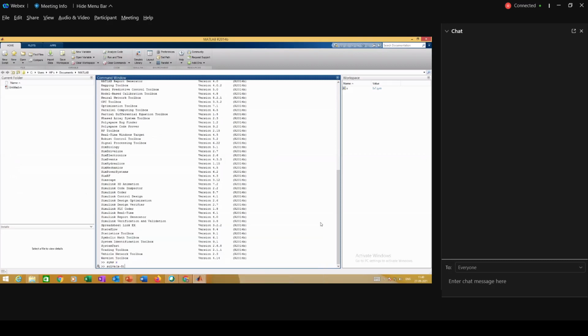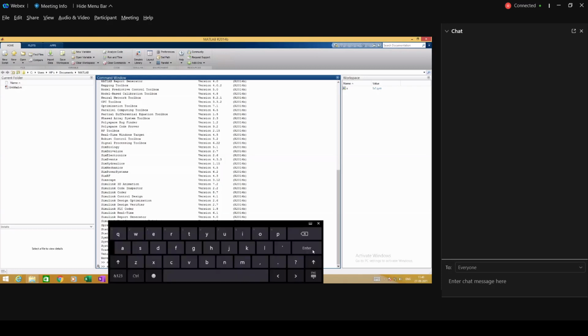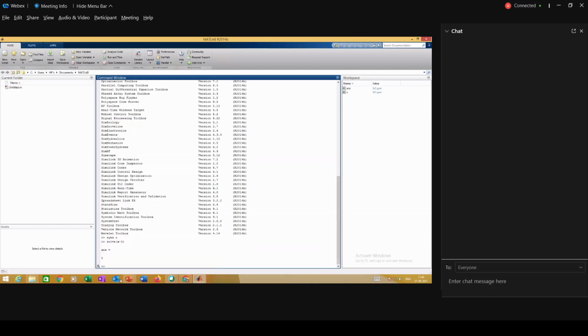This is what I wrote, solve x minus 5, and then I can enter. So I got the answer as 5, so x is equal to 5. So any single variable equation you can solve by using the solve command and by defining that variable as symbolic.